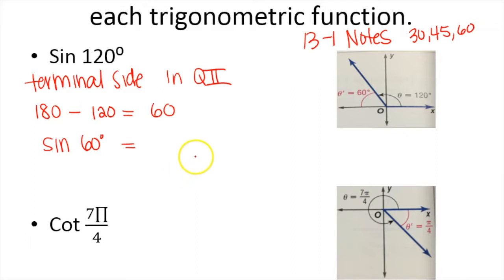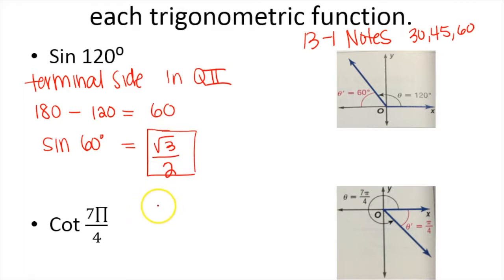The sine of 60 in that table is the square root of 3 over 2. And since that lies in quadrant 2, using the table that we just looked at, our sine is supposed to be positive in quadrant 2, so we leave it as the square root of 3 over 2.